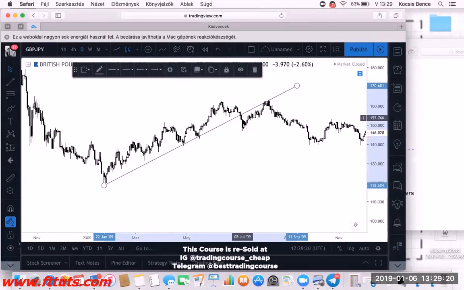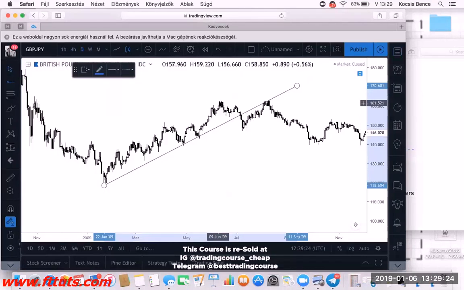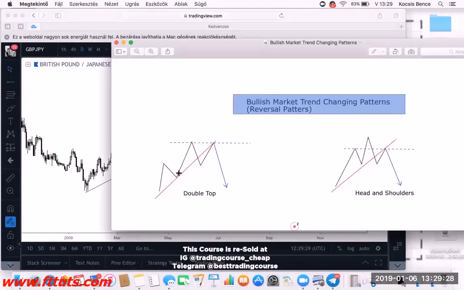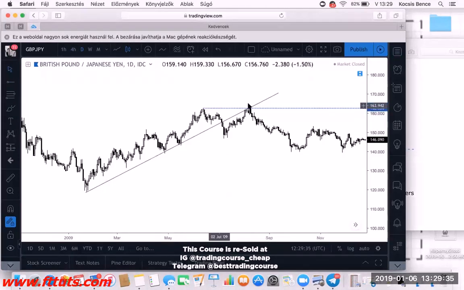The price broke the trend line and it makes the retest on the trend line, and it creates the same highs. This is the double top. After that the price reverses, so it's going on the downside.